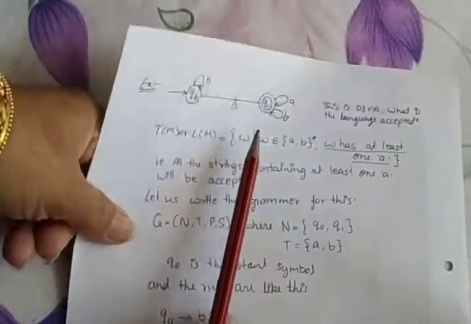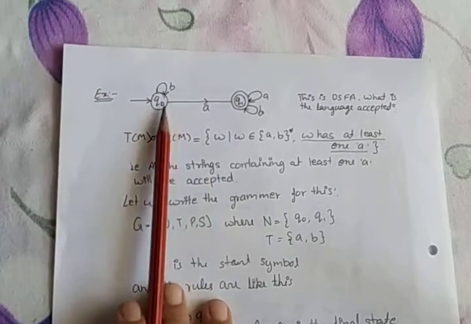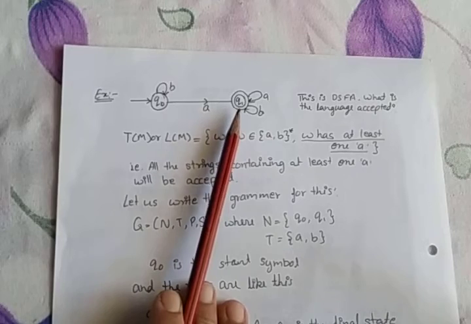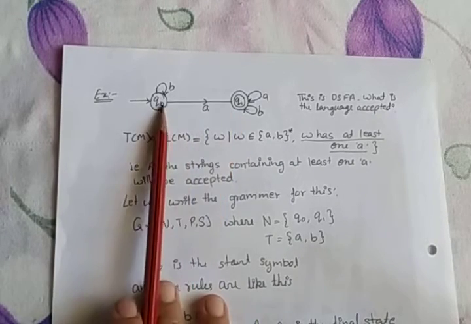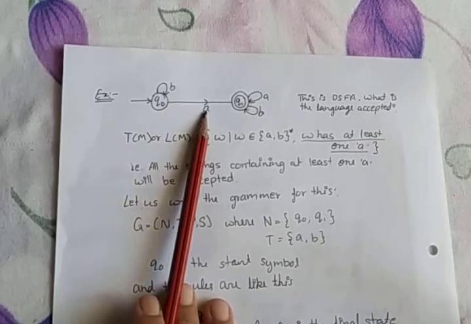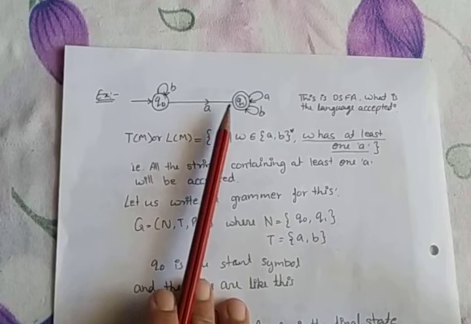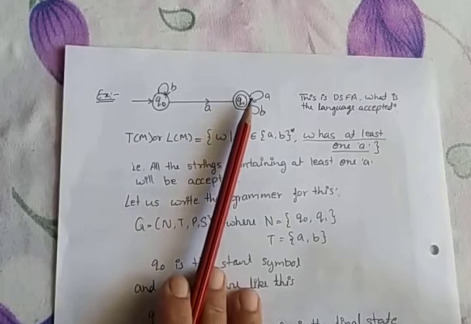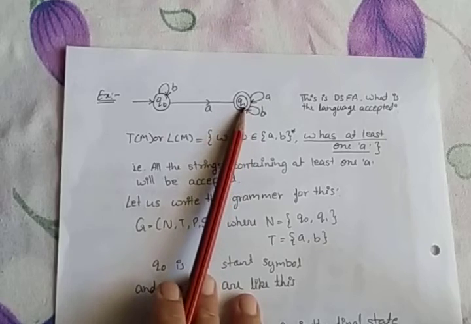Now look at this diagram. At Q0, when we read A, we are moving to the final state. Right? So what will be the rule? Q0 tends to A. Fine? This is the terminal symbol. And at Q1, when we are reading A, we are moving to the final state, which is the same.